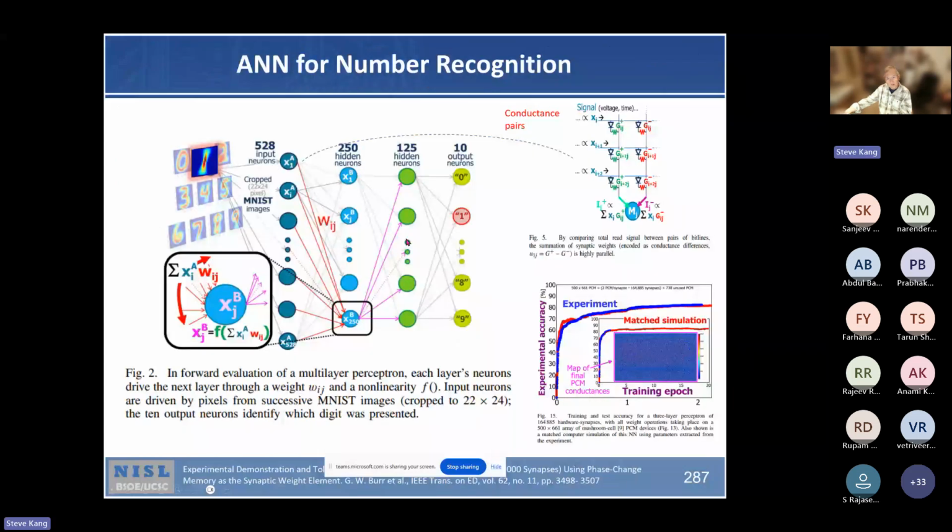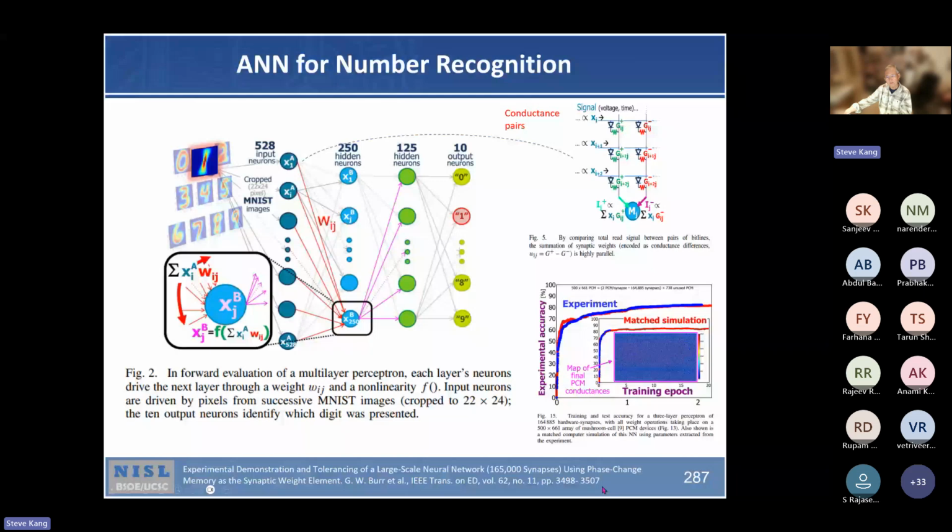Now, this is one of the early results, right? This is a well-known paper by IBM folks, Jeffrey Burr and his colleagues at IBM Almaden Research Center in San Jose, California. They published this many years back.